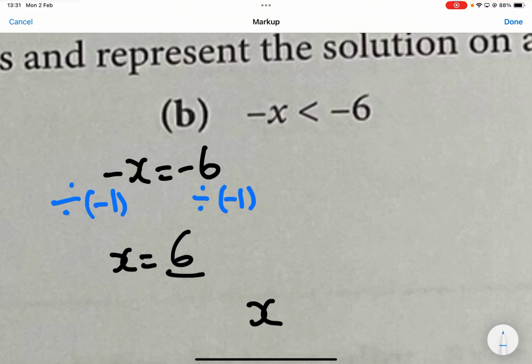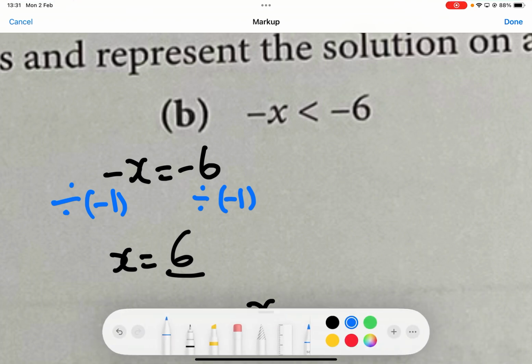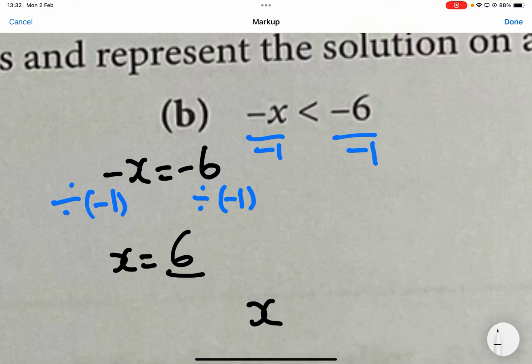So if I want a positive x, I need to divide by negative 1, so that I can cancel away the minus sign. Minus minus cancel, become positive. For my inequality, negative x divided by negative 1, I will have x. Negative 6 divided by negative 1, I will have a positive 6.